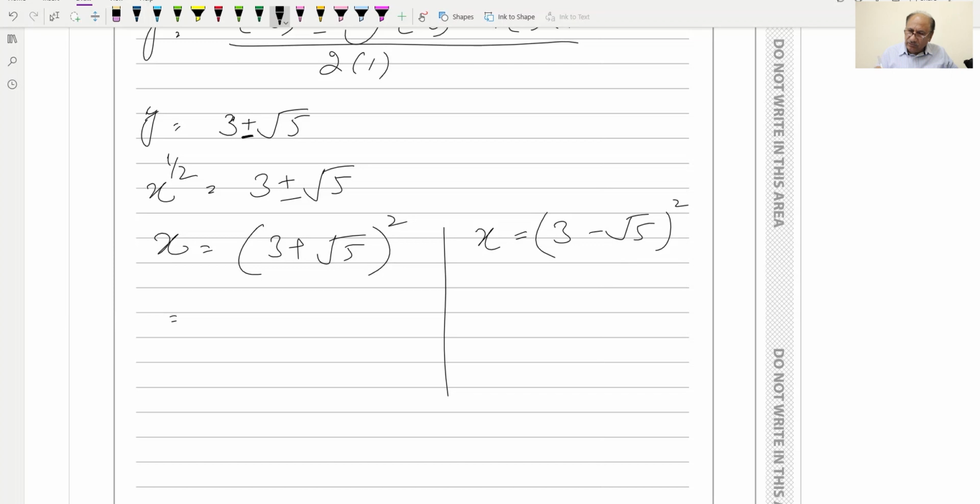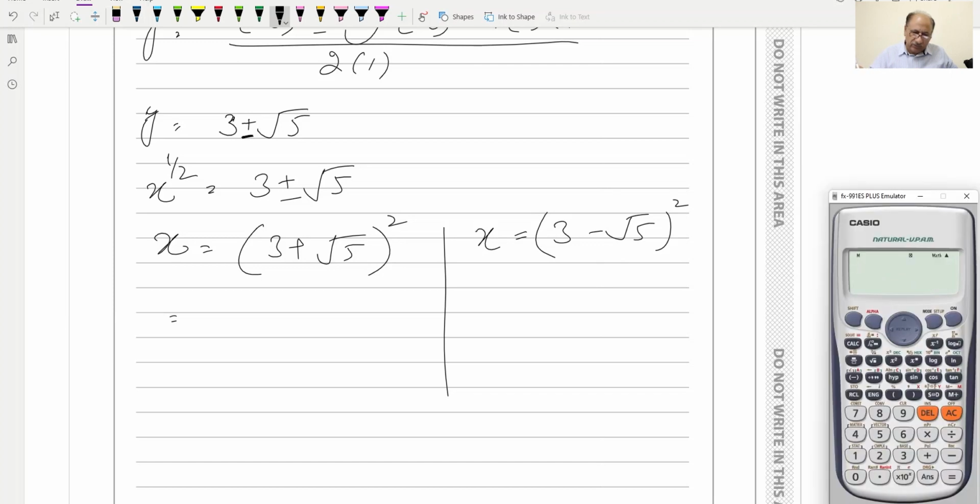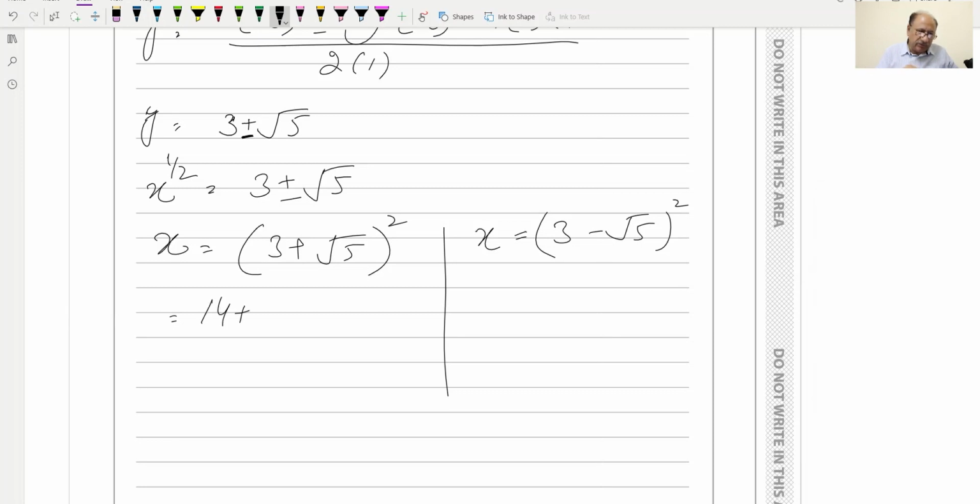Now we can basically solve this. It will be in brackets 3 plus under root 5, squared, and it will be equal to 14 plus 6 under root 5.